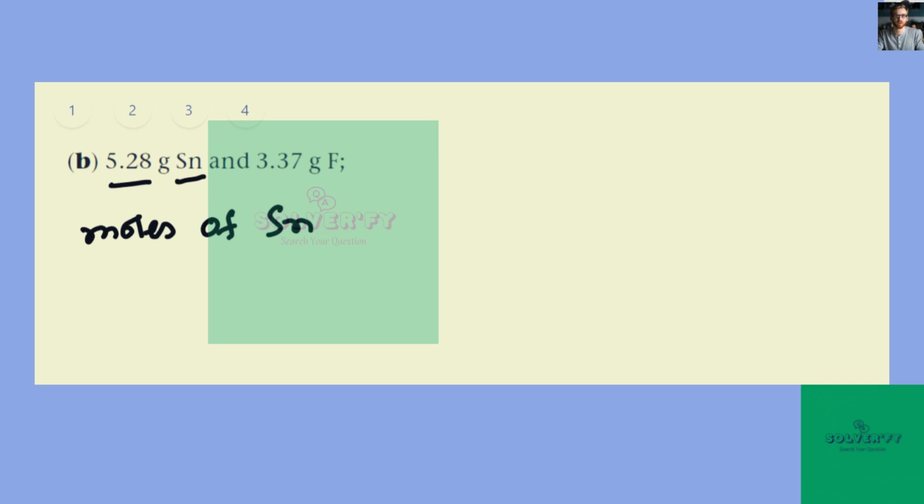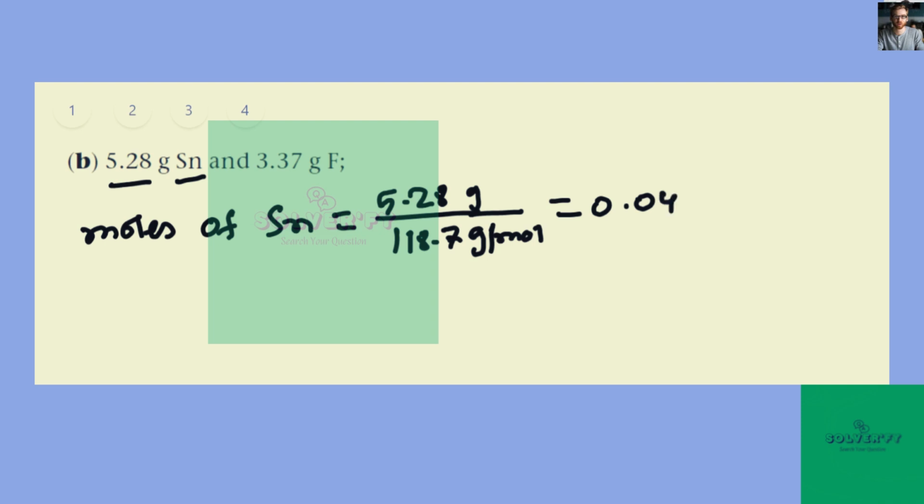So moles of Sn, or tin, will be the mass of this, which is 5.28 gram, over its molar mass, which is 118.7 gram per mole. It will give us a value of 0.044 mole.